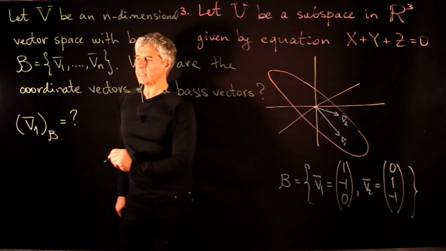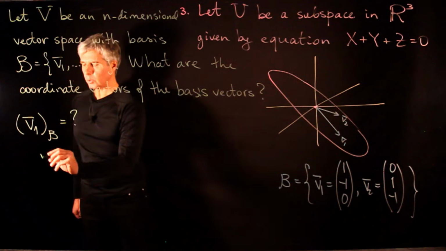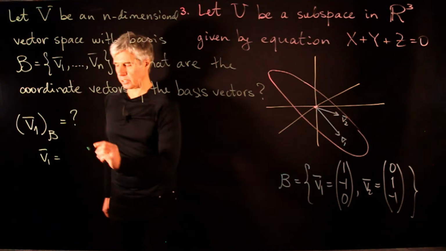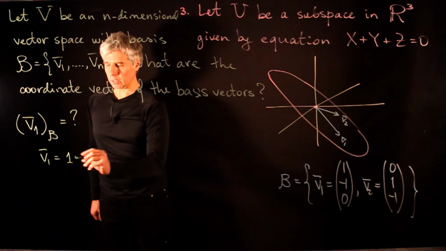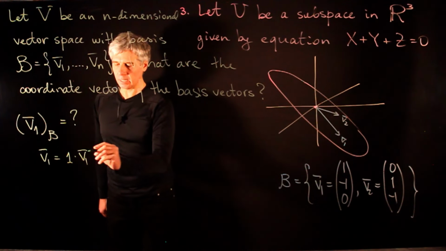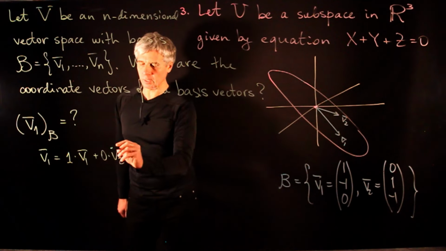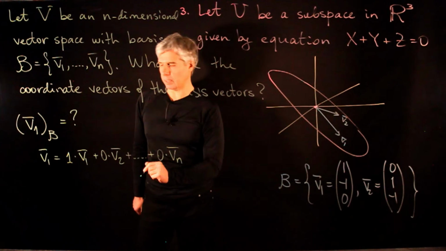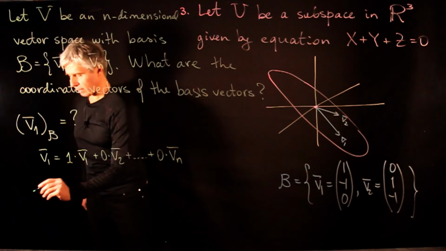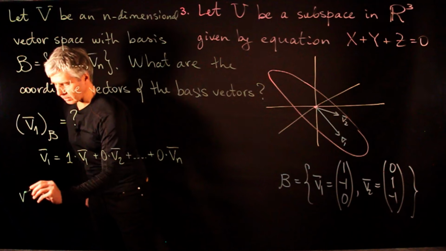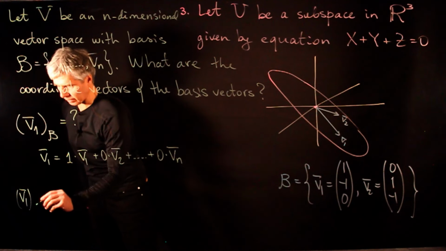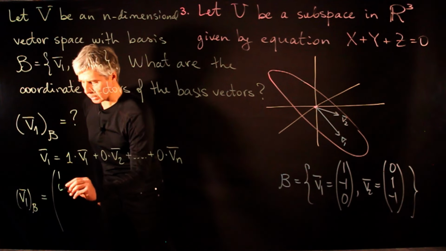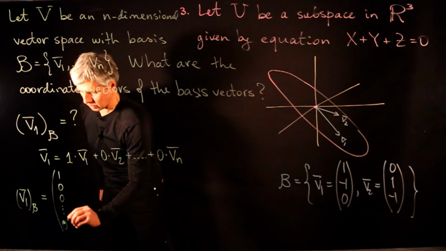In order to answer this question, we have to decompose V1 as a linear combination of basis vectors. And it's clear how to do this. It's 1 times V1 plus 0 times V2 plus all other coefficients, we choose 0 as well. And then we see that the coordinate vector of V1 with respect to its own basis will be the column vector 1, 0, 0, 0.